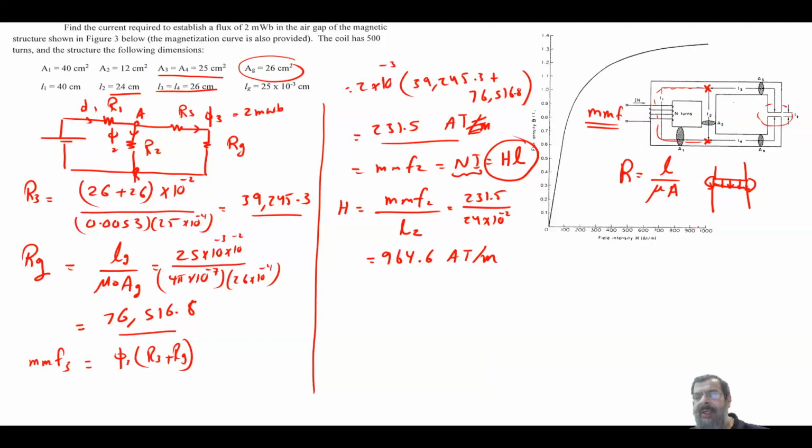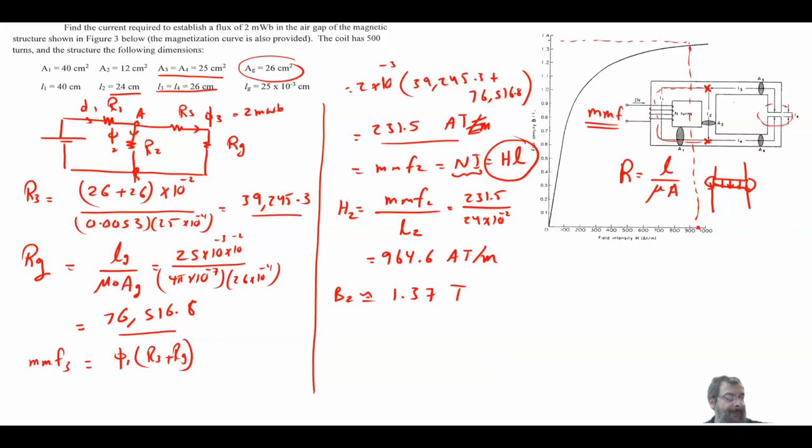Now you come here and you find B. So this is your H2. You come here, you go all the way up, and then you will find your B2. Now again, it will be an approximation. So we can say this is approximately 1.37, 1.36. All are okay values.